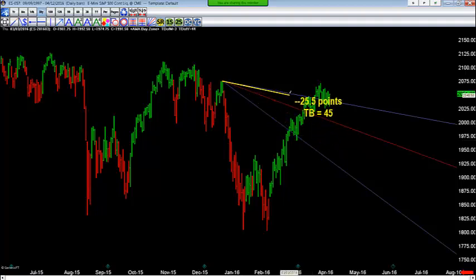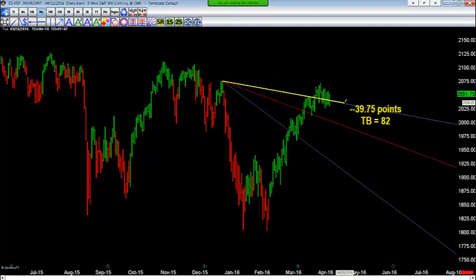Now, this line up here is 1 by 2. So if you take the amount of bars and divide by 2, you're going to get the points. All right? Anywhere you go down this line.